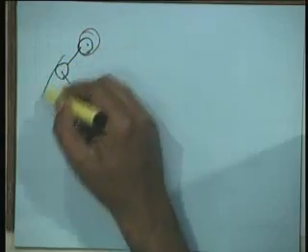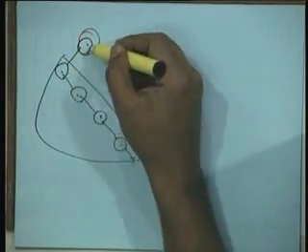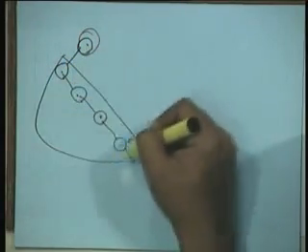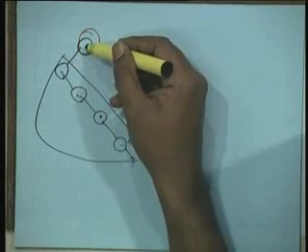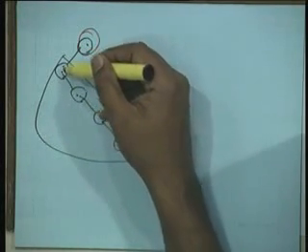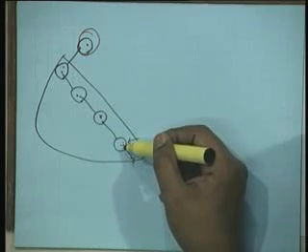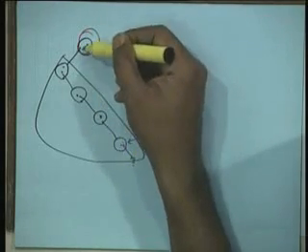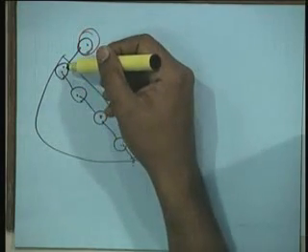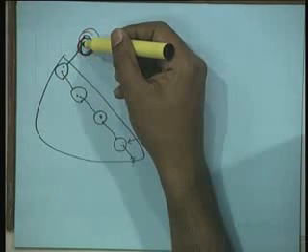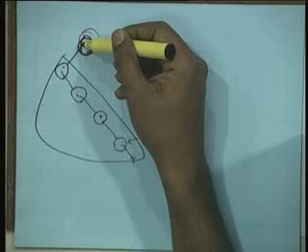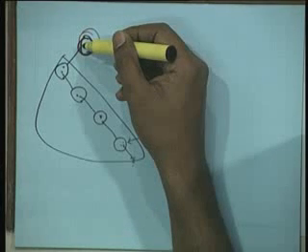In fact, this guy is the largest node in this entire subtree. Yes, because how did I find the largest node? I come here and I keep going right, which is exactly what I do, right? So this is the largest in this entire subtree, and the node following this is then this guy. Yes or no? Yes.